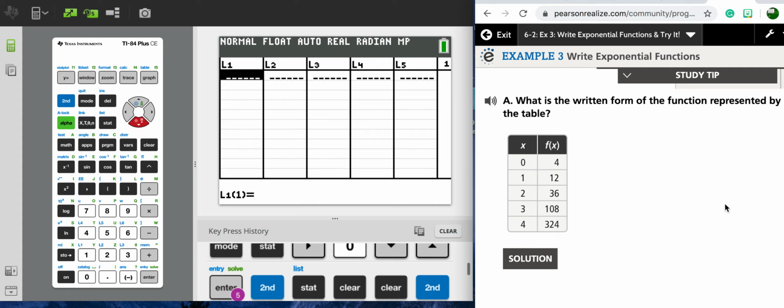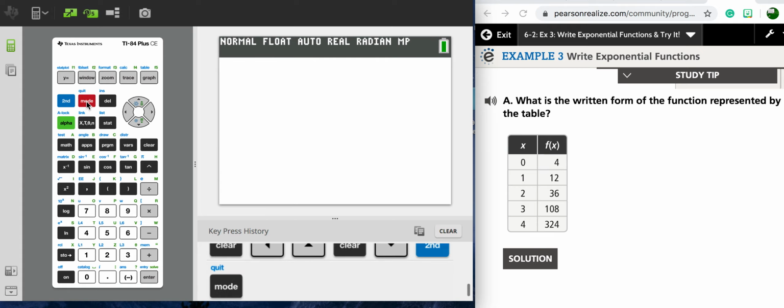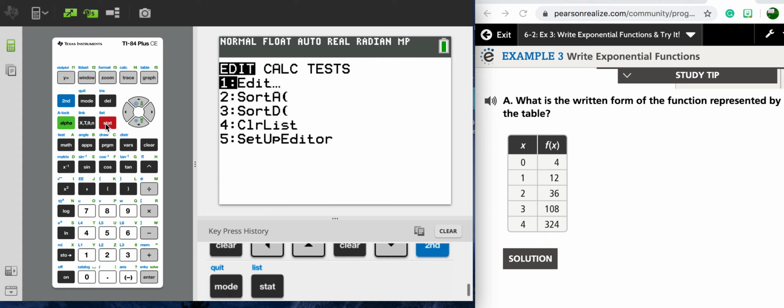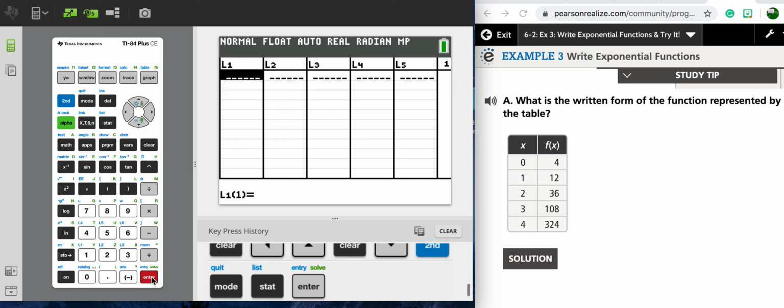Okay, in order to figure out the exponential function of these given values, first we go to stat. And we edit. So let's enter the values in L1 and L2.